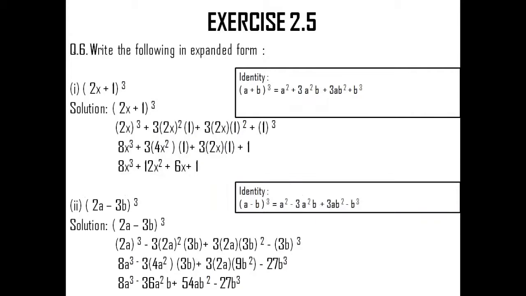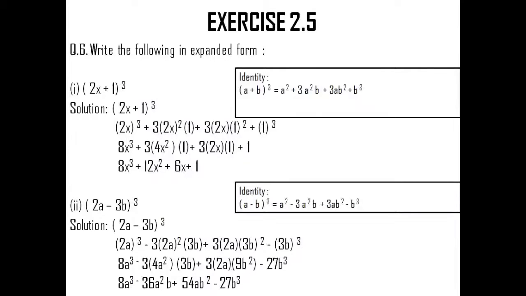So what does my a stand for here? A will be replaced by 2x and b will be replaced by 1. So all that I have to do is, in a cube plus 3a square b plus 3ab square plus b cube, kindly note down that the identity is a cube, it is not a square as mentioned here. It is a cube plus 3a square b plus 3ab square plus b cube.